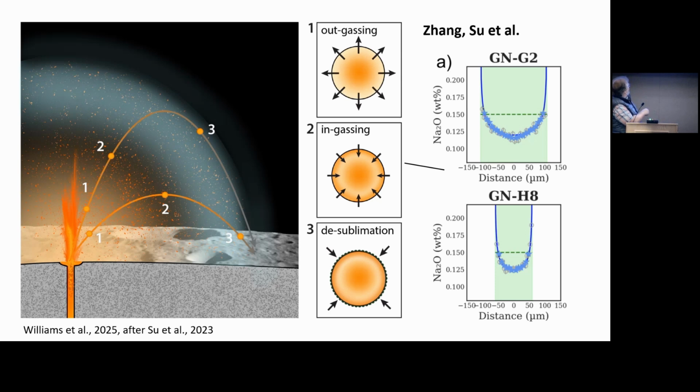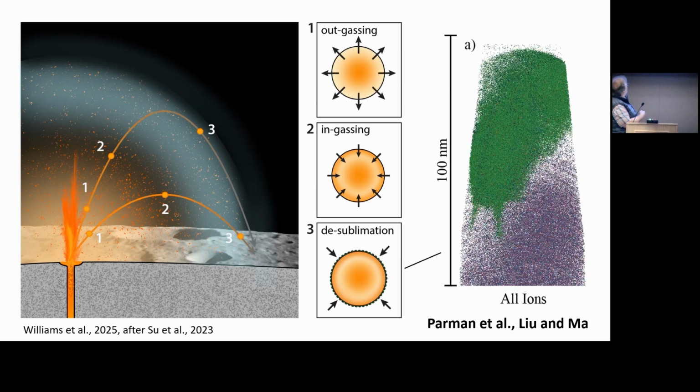And then finally, as the bead cools, the gas becomes so cool that you actually precipitate solids out of it. Going from solid to gas is sublimation, so going from gas to solid is desublimation. Often these are called sublimates or condensates on the glass beads. And in atom probe tomography, they look like this.